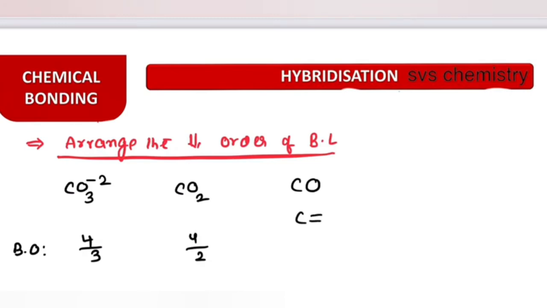Carbon monoxide has a triple bond, 3 by 1, which is 3. Bond order is inversely proportional to bond length, so bond order is highest for CO. Therefore bond length is highest for carbonate, then carbon dioxide, then carbon monoxide.